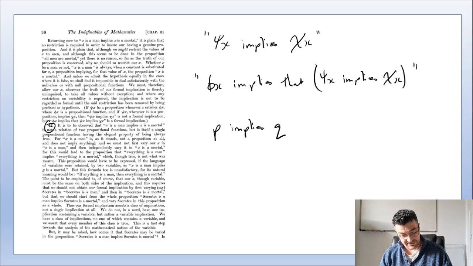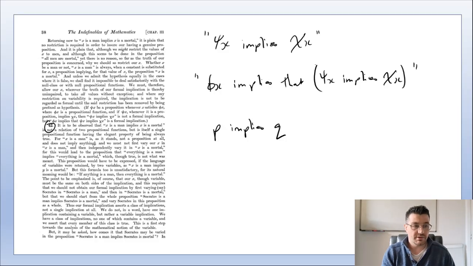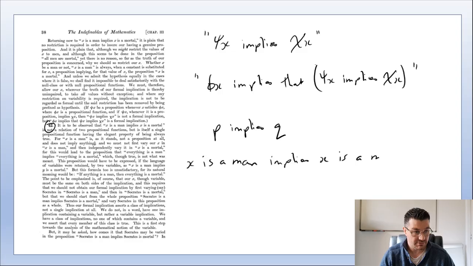He talks about material implication as effectively being a relation which holds between certain propositions. But now when it comes to formal implications, so we've got x is a man implies x is a mortal. This implication here is not a relation between this propositional function and this propositional function.